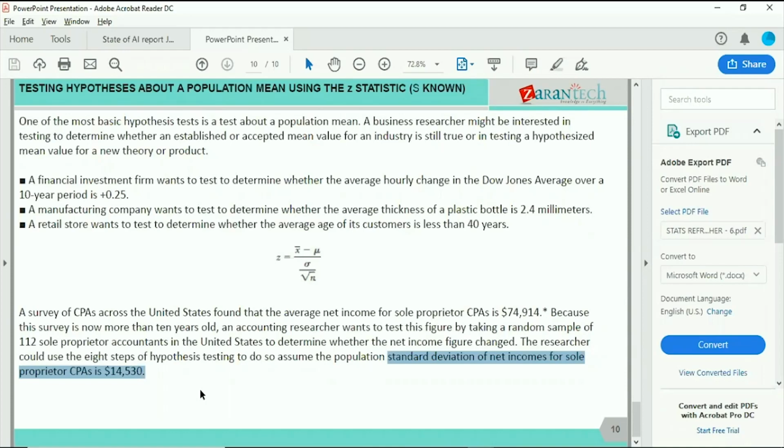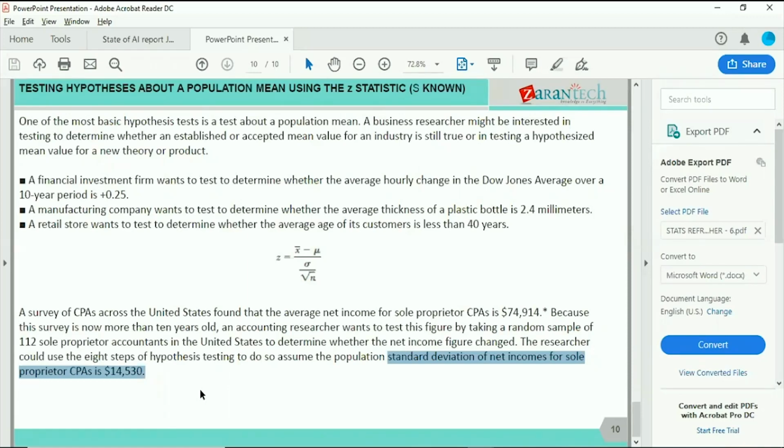So the null hypothesis in this case: the researcher wants to check whether this average net income is $74,914. And for the alternate hypothesis, it could be less or higher than this salary, because they are not saying that the net income figure has increased or decreased.